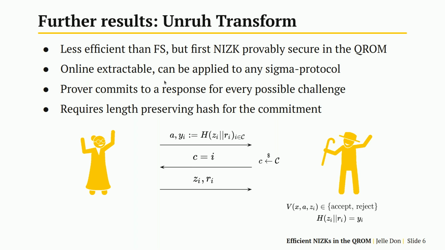It has the advantage that it can be applied to any Sigma protocol, but the prover has to commit to a single response for every possible challenge, making it quite a bit less efficient than Fiat-Shamir, especially when the commitment scheme is required to be a length preserving hash function. And that's exactly the thing that we improve upon. We show that this requirement using our reduction is no longer needed.